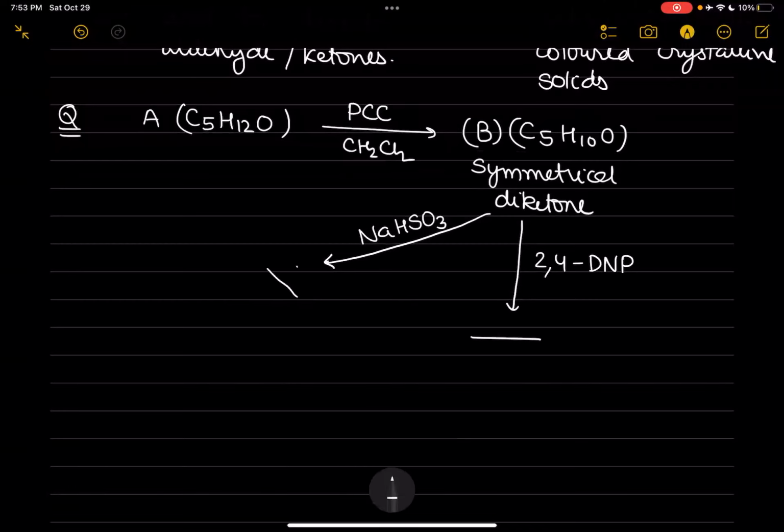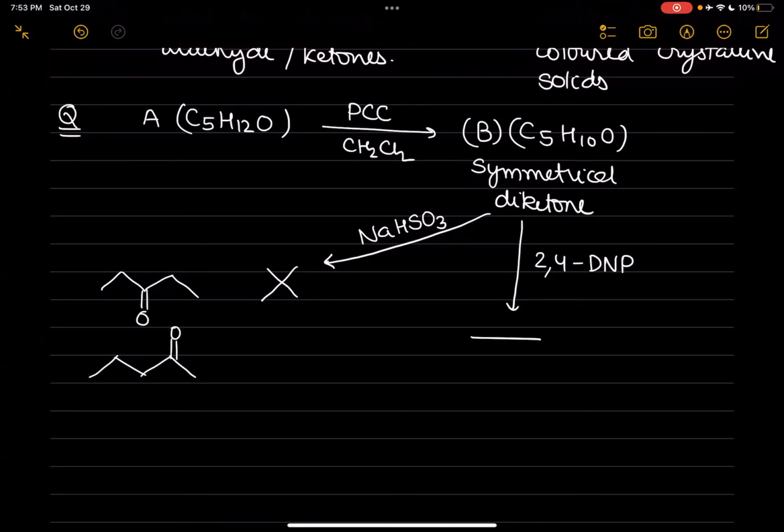No, sir, it will not be. Why? Because it is a ketone, and not a methyl ketone. Symmetrical means if there are 5 carbon atoms, you can have only one structure which is possible. This one. The ketone could be this also, but this is not symmetrical. Clear? Yes, sir. So it is not going to give you that.